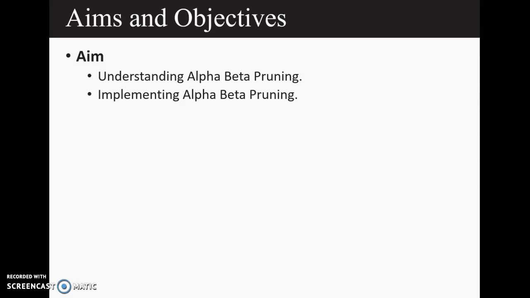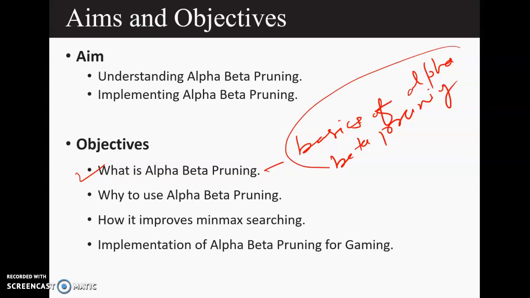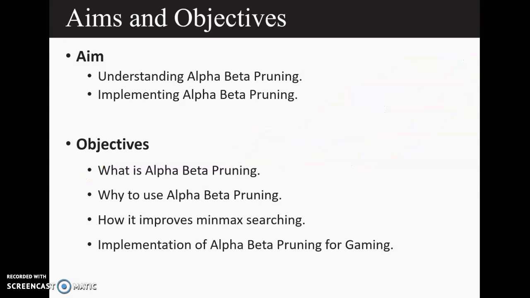All in all, I have identified 4 objectives which are listed here. The first objective is, what is alpha beta pruning? Under this objective, I will explain the basics of alpha beta pruning. The second objective is why to use alpha beta pruning.